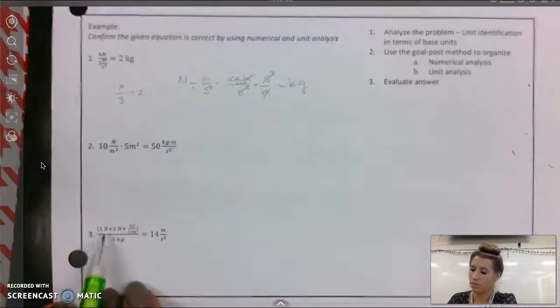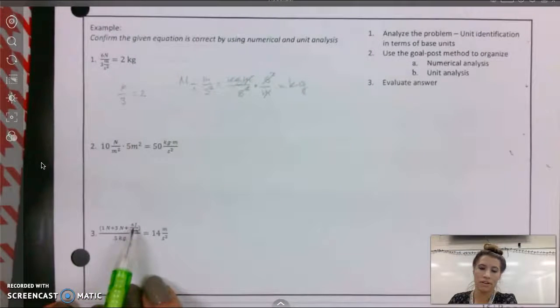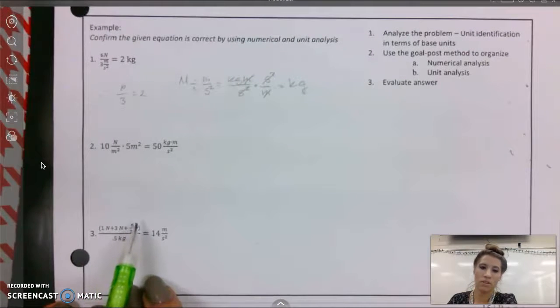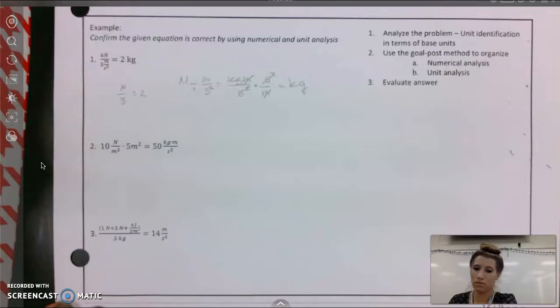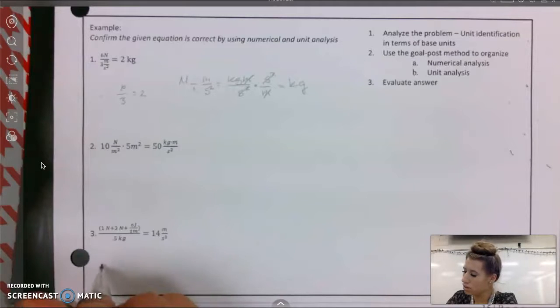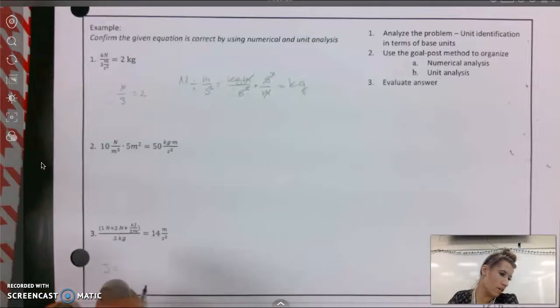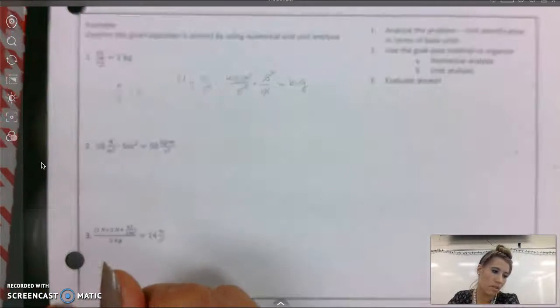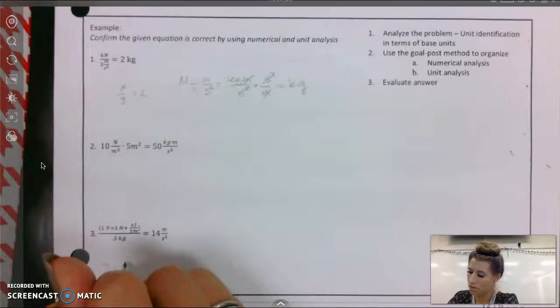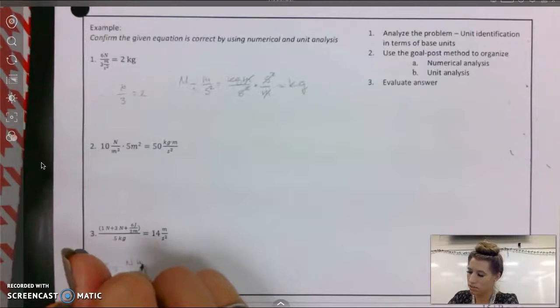Remember, I told you, we can only add values that have the same unit. So let's make sure first that a joule over meters is in fact a Newton. Okay, so a joule is, from that table there, a Newton meter.